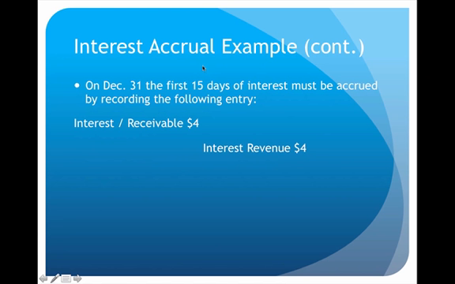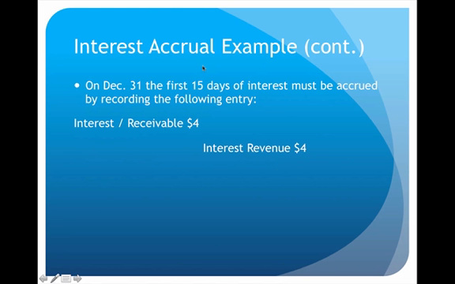On December 31st, it's now not only the end of the month, it's the end of the year. It's the end of an annual reporting period. So at this point, even though I have not been paid, I'm going to have to accrue the interest. Now, I'm not going to accrue all the interest. This is a 60-day note, but I want to accrue enough interest for the current year.